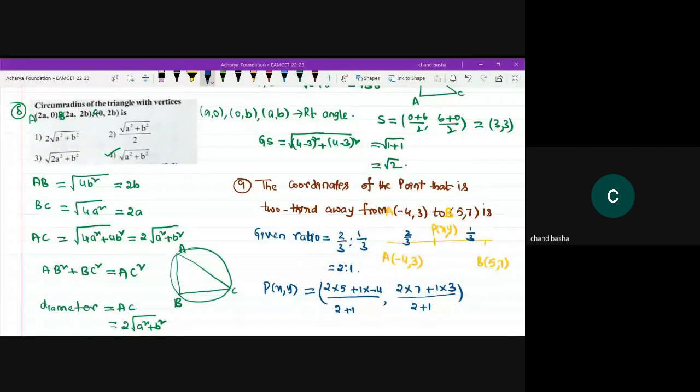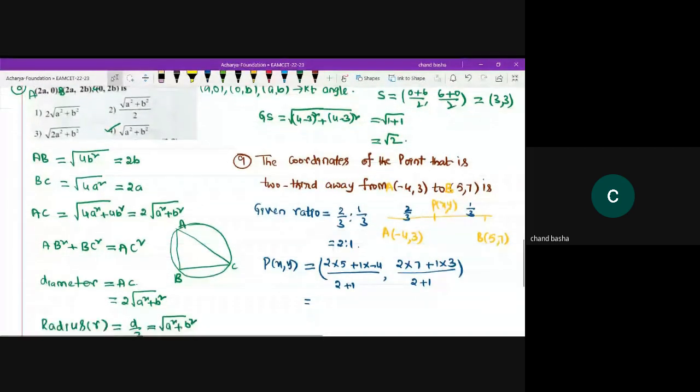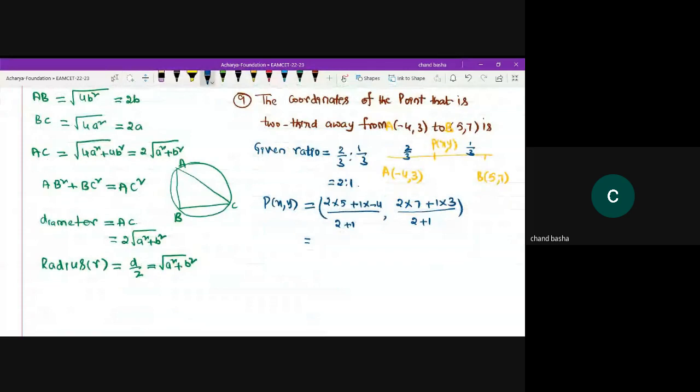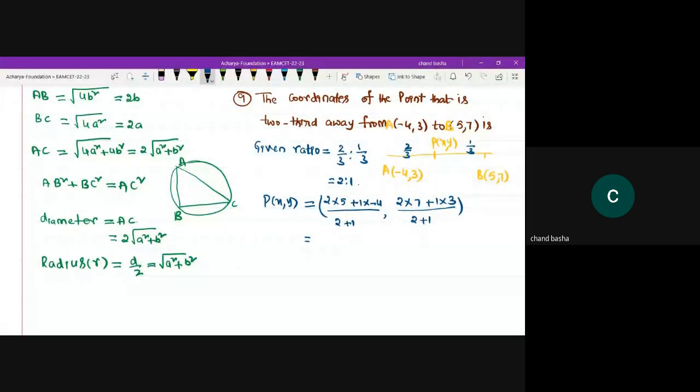Yes, please, what is your answer, Aisha? Your point? 2, 17/3. Yes, sir. Okay. This is equal to... have you understood how we are taking 2:1 as the ratio? That is important for us.